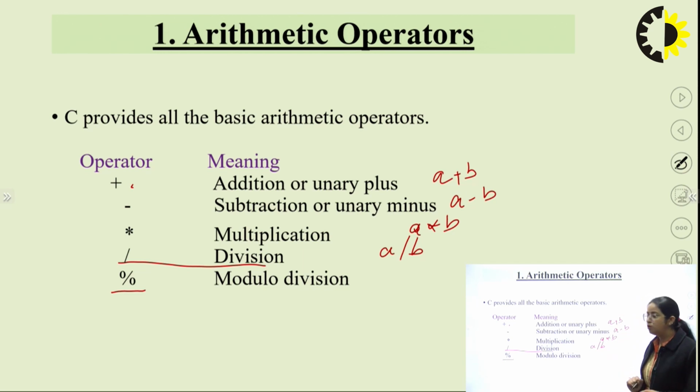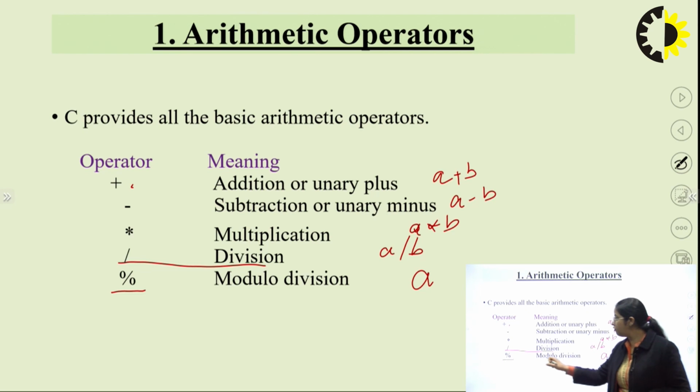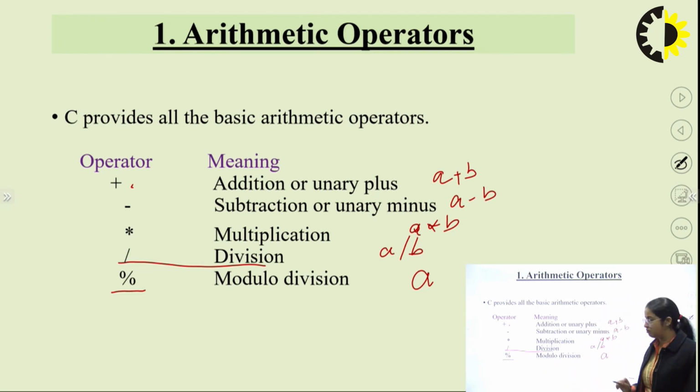The symbol of the modulo operator is the percent symbol. If we apply a modulo b, and we take a equal to 10 and b equal to 3, what does it do?